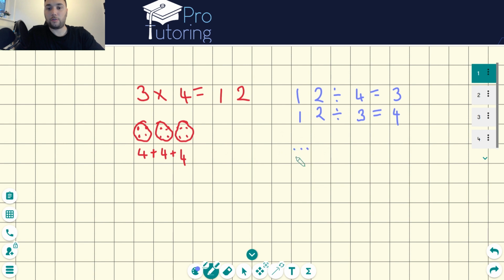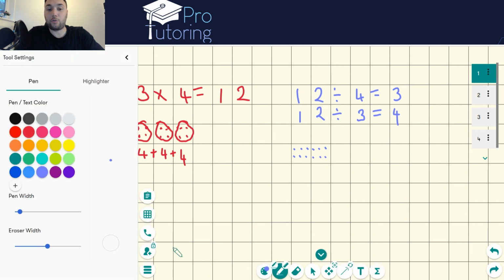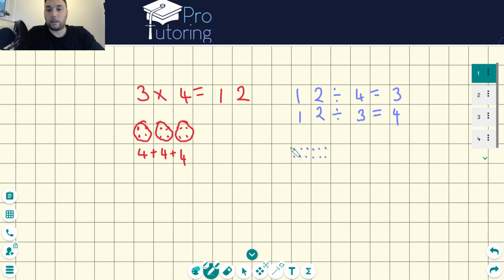1, 2, 3, 4, 5, 6, 7, 8, 9, 10, 11, 12. So if I've got 12 there, and I decided that I wanted to break them up into groups of, let's say, 4, I can go, right, 1, 2, 3, 4. 1, 2, 3, 4. 1, 2, 3, 4.